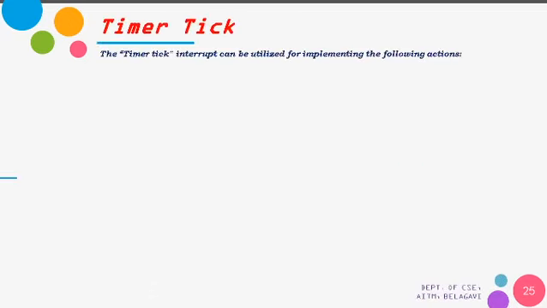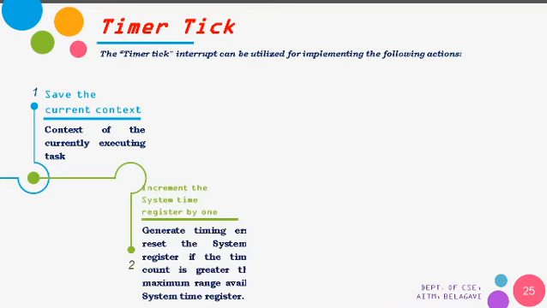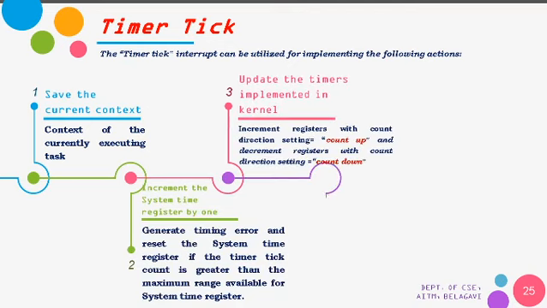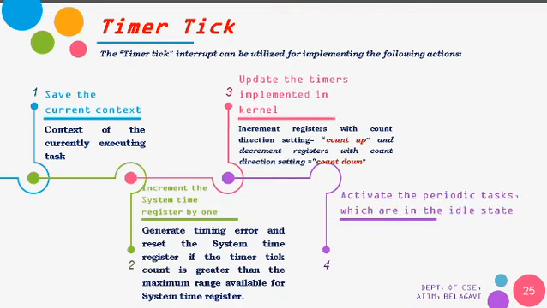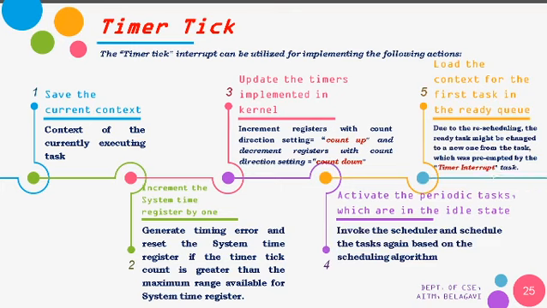The timer tick interrupts can be utilized for implementing the following actions. The first one is to save the current context of the currently executing task, increment the system time register by 1, and generate a timing error and reset the system time register if the timer tick count is greater than the maximum range available for the system time register.